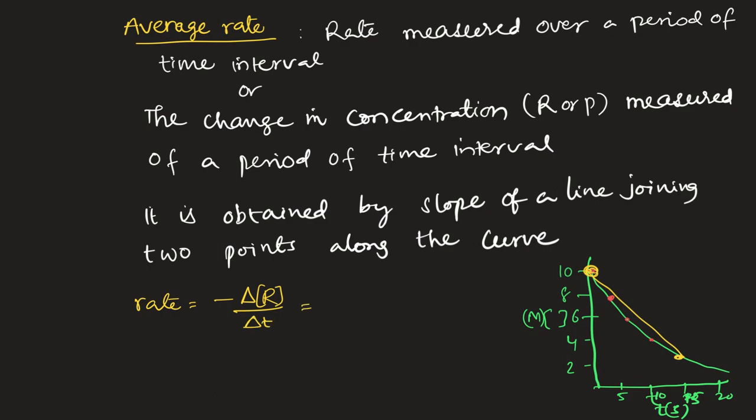Its meaning, what is that? Minus, R2 concentration minus R1 concentration divided by T2 minus T1. Now minus only. So now this is the initial and this is the final.